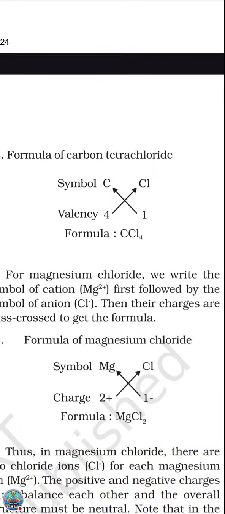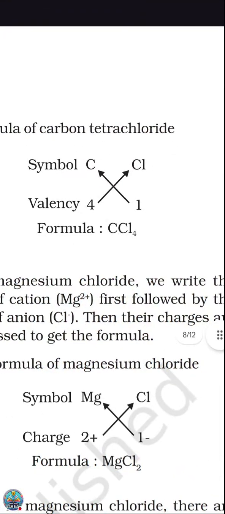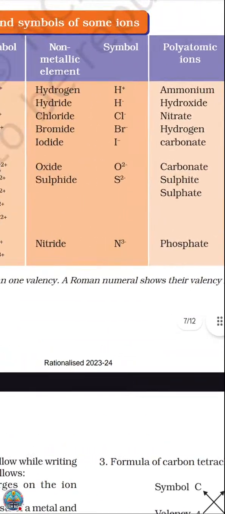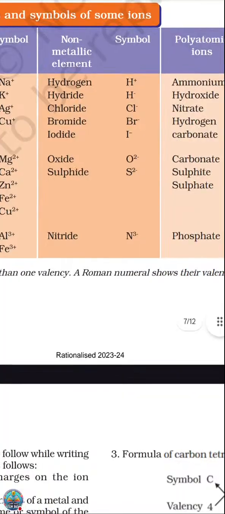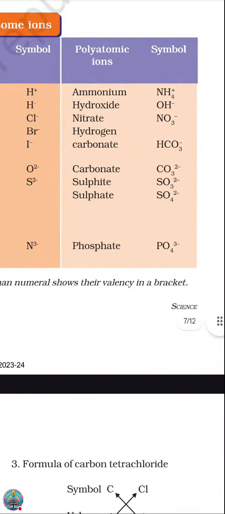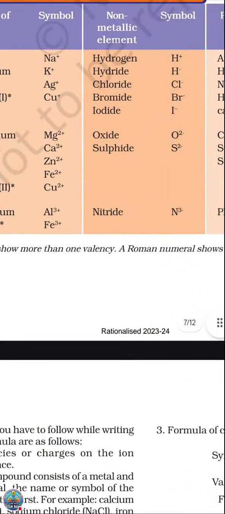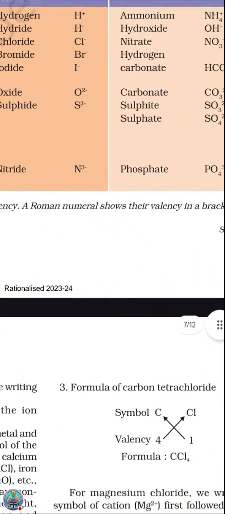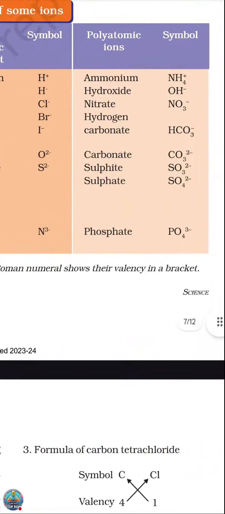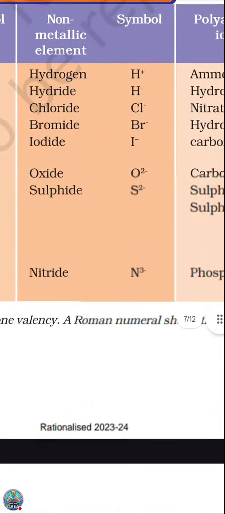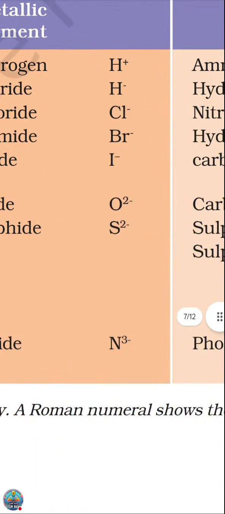For example, here you are writing the formula of carbon chloride. Carbon's valency is 4. Chlorine's valency is 1. How did we come to know that their valency is 4 and 1? From this table. So you can see carbon, they have not given. So carbon is plus 4, and then chlorine, minus sign is there.